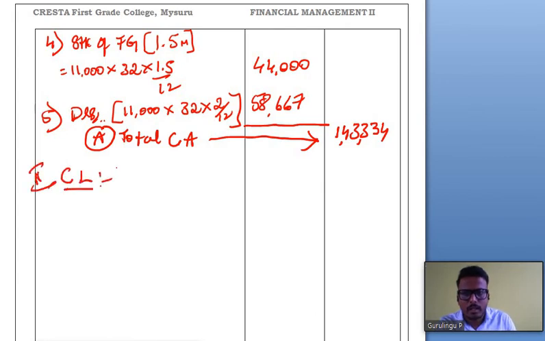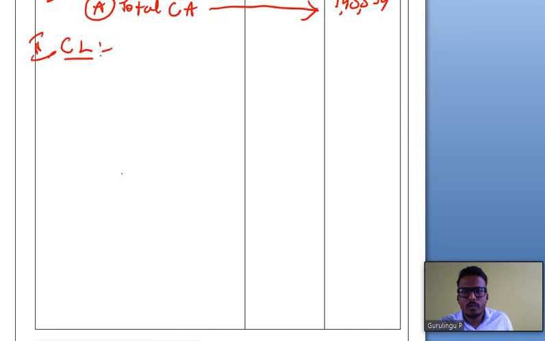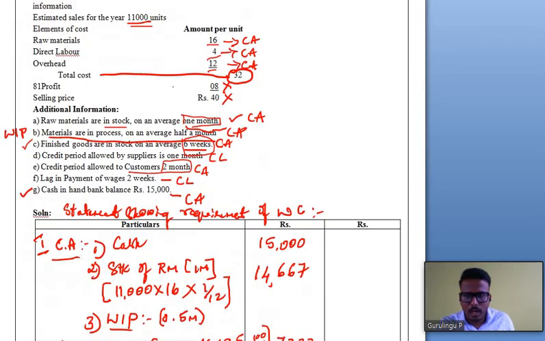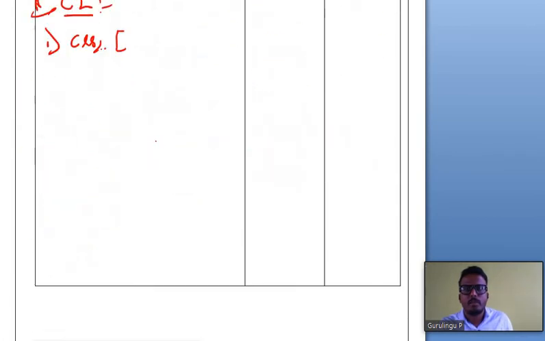So 1 month is the lag period. Again you have to take 11,000 number of units. Creditors will be supplying the raw materials. So per unit 16 I have taken for raw materials. 1 divided by 12, when you calculate you will get 14,667.